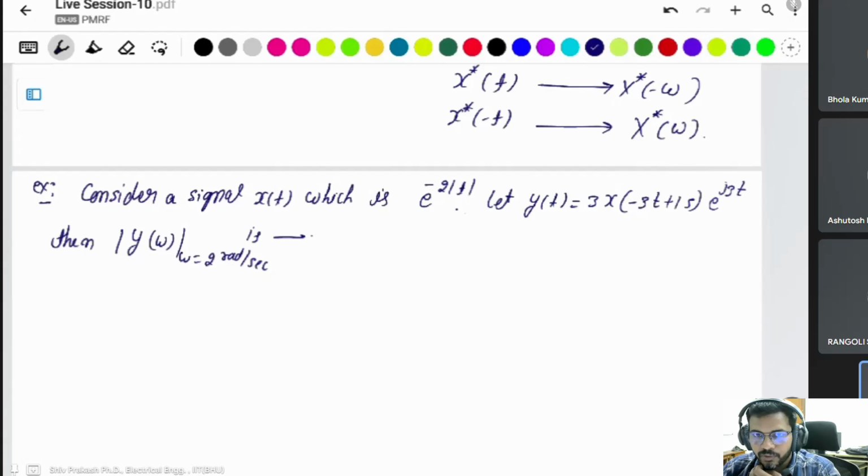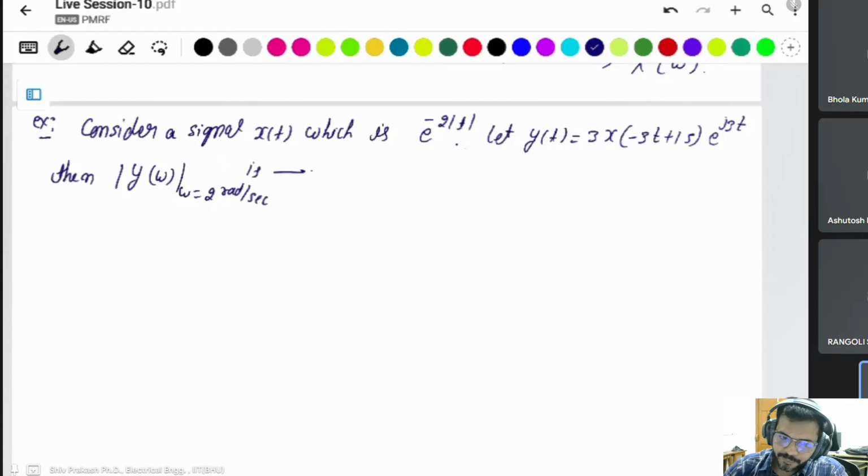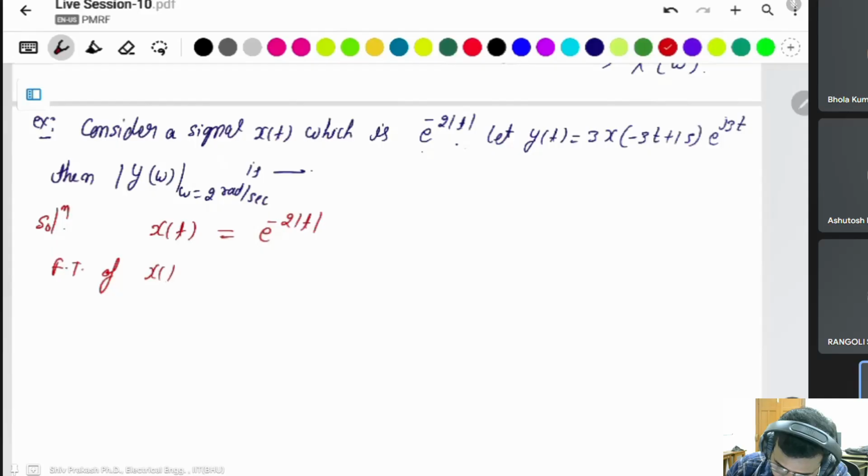If you talk about the properties, there are a number of properties we have to use in this case. First of all, find the Fourier transform of this xt. Xt is equal to e to the power of minus 2t.